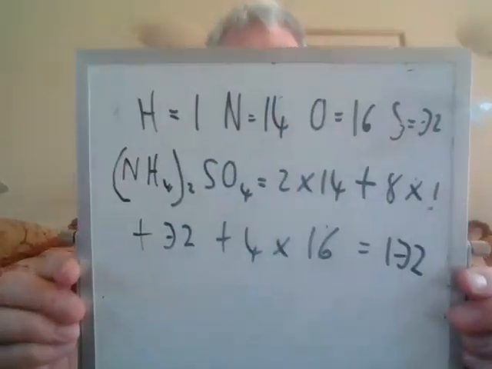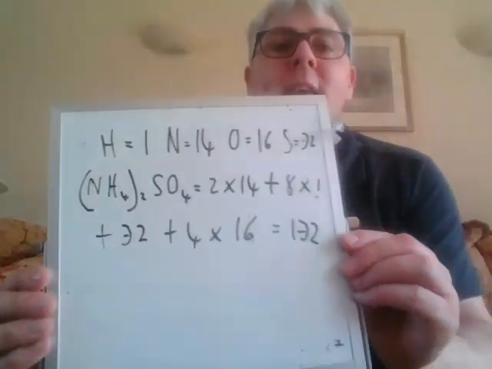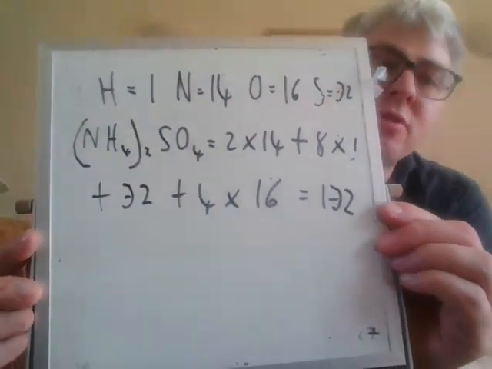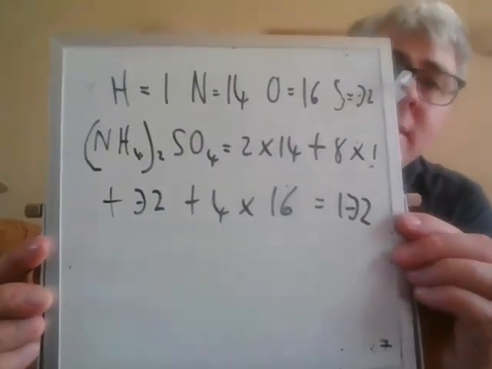And obviously sulfur is 32, and you've got one atom of sulfur there. So when there's nothing there, it's interpreted as 1. And then you've got 16, the relative atomic mass of oxygen. And then you just say 4 times 16, because obviously there are 4 atoms of oxygen there. So you just times the 4 by the relative atomic mass of oxygen.